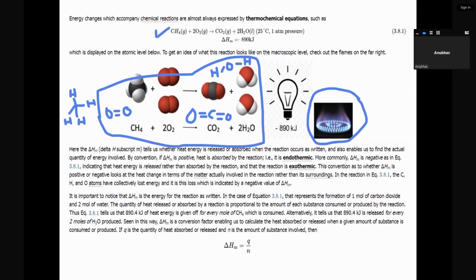If you look carefully, you will see that CH4 plus O2 will give CO2 and H2O.